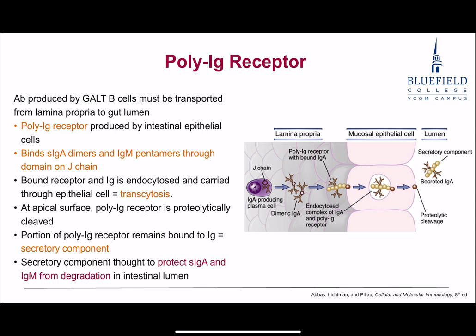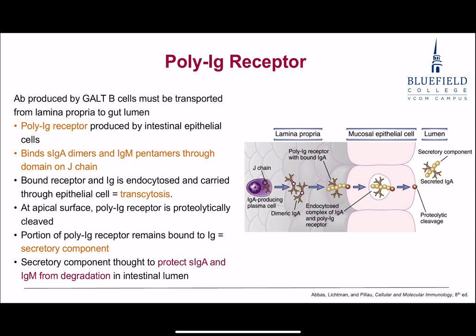All right, and then again, in the interest of time. Here is the process for making that poly-Ig and the function of the poly-Ig receptor, where you've got that plasma cell secreting the IgA. I'll go over here and talk.